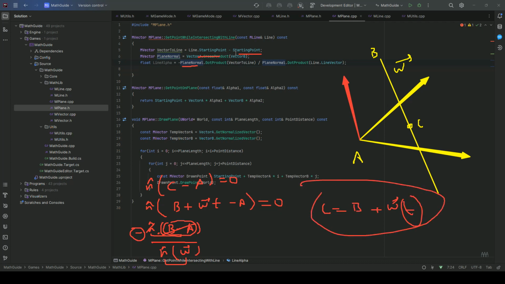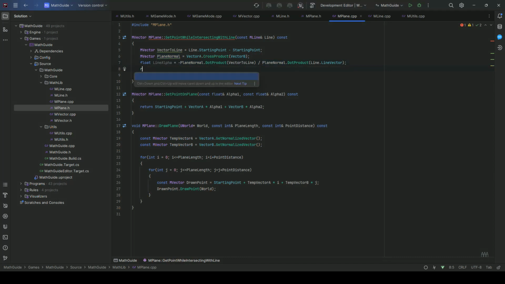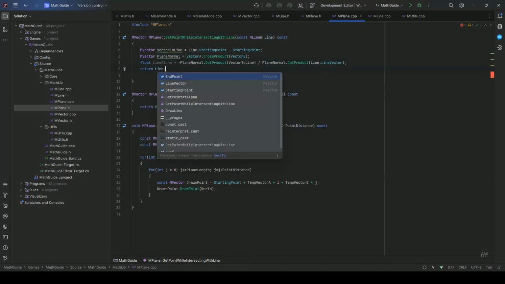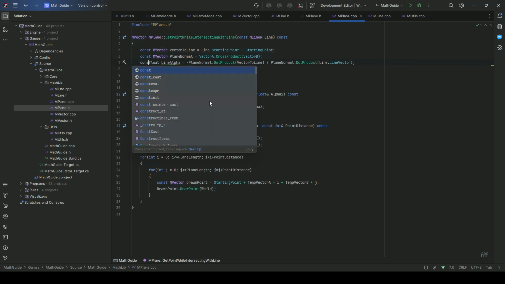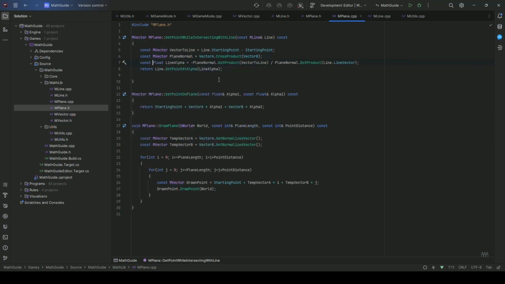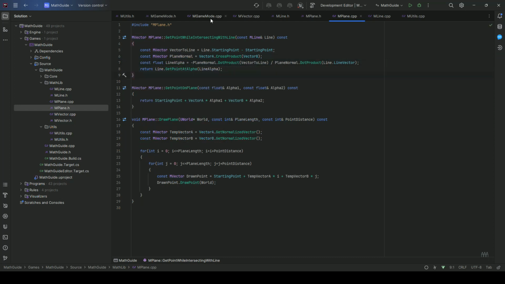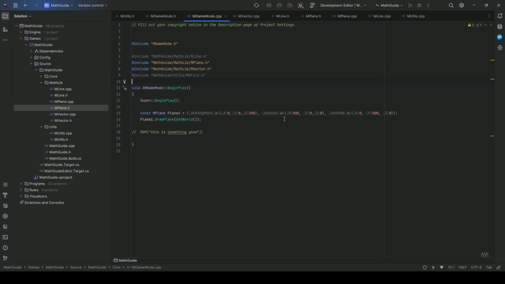We already have written the function. So return line dot get point at alpha. Now we have alpha, so line alpha. Perfect, makes sense. And they will be constants because we are not changing them. So just write const, and it will give you this return. Perfect. So let's test if it is working fine. So head back to the game mode. So we have already defined one plane in which the starting point was.